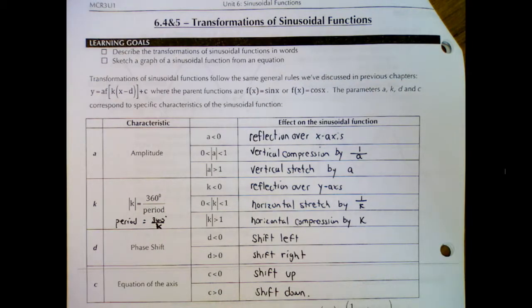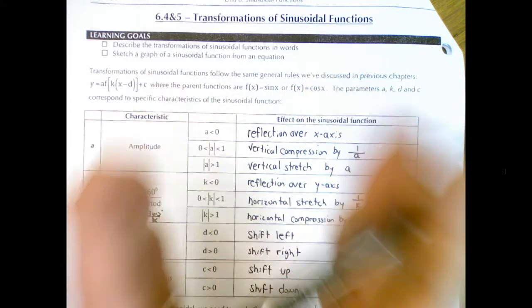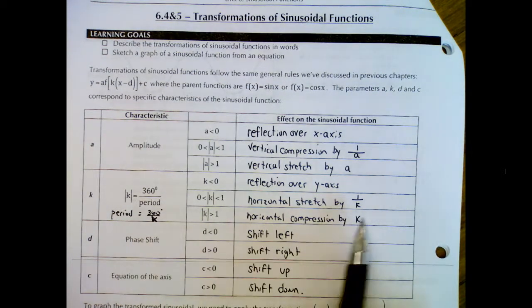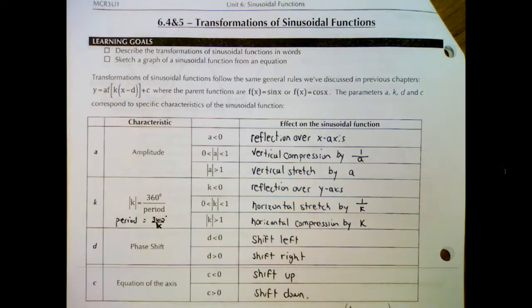And well, how does that work? Well, let's think about it like this. If K is bigger than 1, it's a horizontal compression. If you're taking something that's this big and you're compressing it horizontally, it's getting smaller. So that means that the period should be getting smaller too. If the horizontal compression factor was, let's say, 2, we're taking that sine curve and we're compressing it into half the size, well, the period should be half as well.